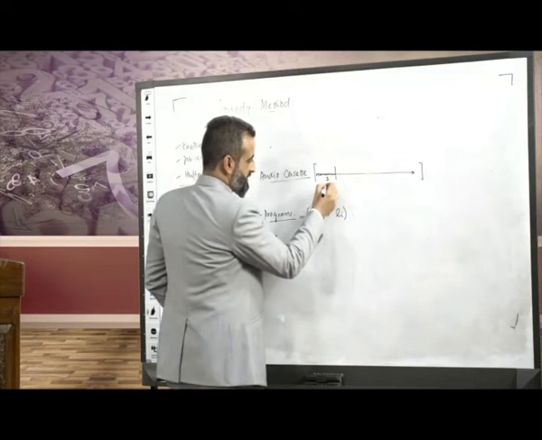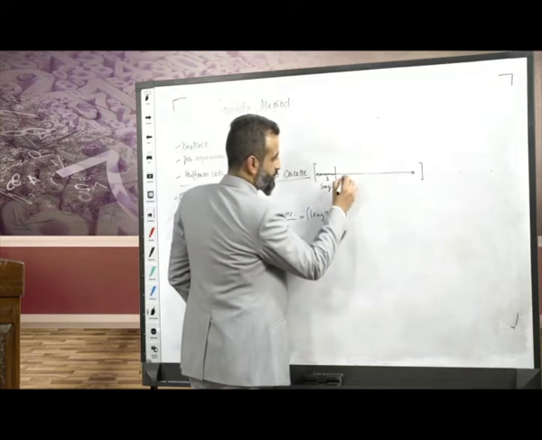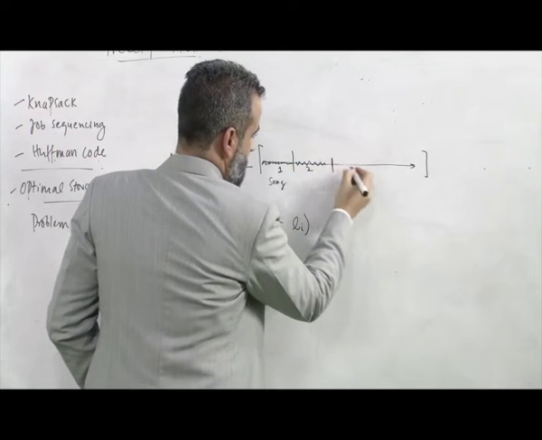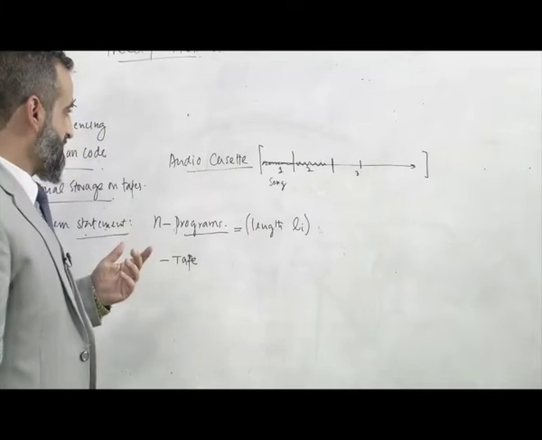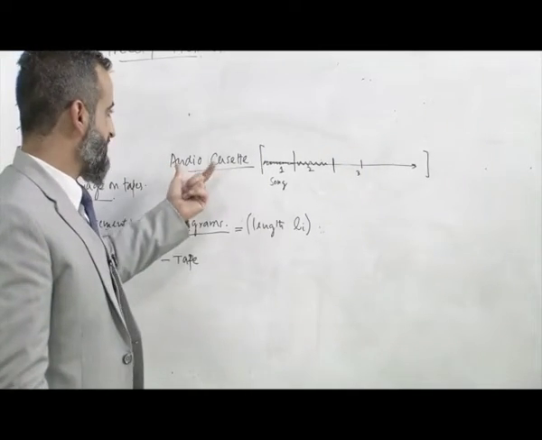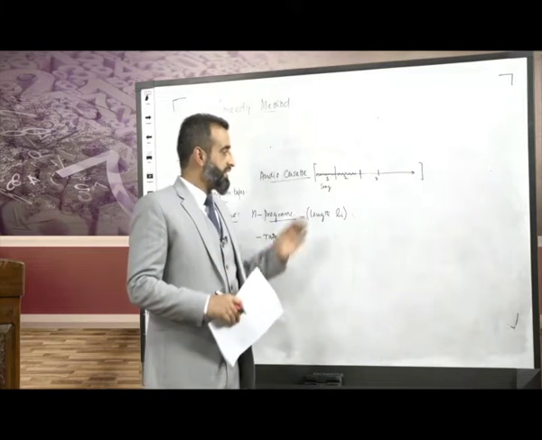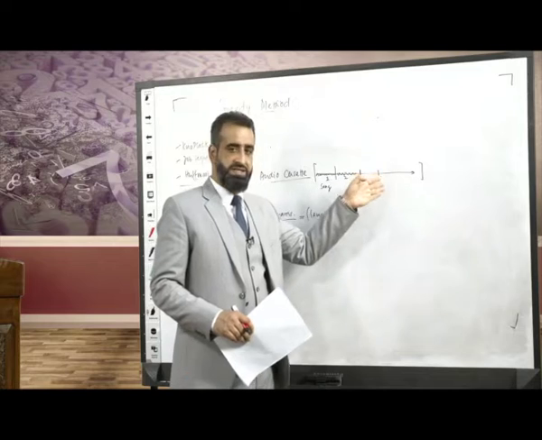Let's consider songs. This is my favorite song 1. This is your song number 2. It takes this much space on the tape. This is my song number 3. It takes this much space. Now in those days, with audio cassettes, unlike CDs or DVDs, you didn't have random access. You can't directly put the tape head on the sector where you want to listen.